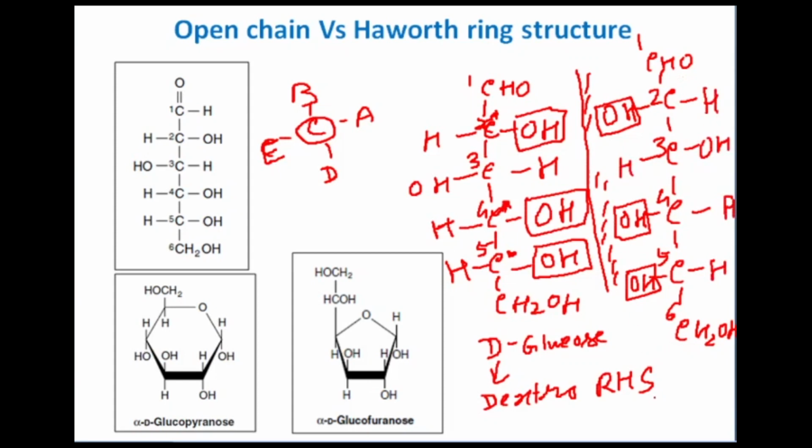So this is nothing but L-glucose. L means levo. Levo. That means left hand side. So this is how D-glucose and L-glucose structures can be prepared.